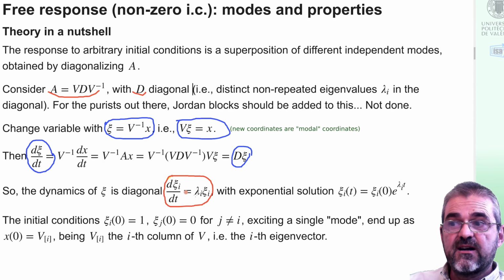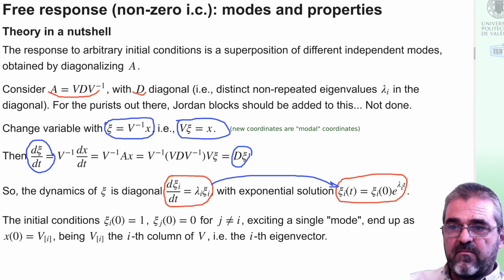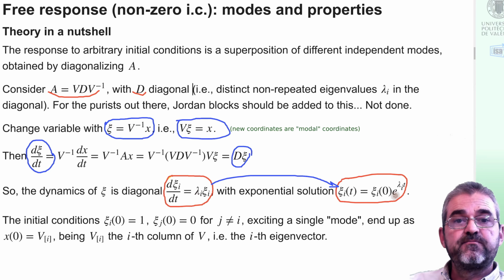Each of the xi has this differential equation, being lambda i the diagonal element in the ith position in D, and of course the solution to this differential equation is the exponential.